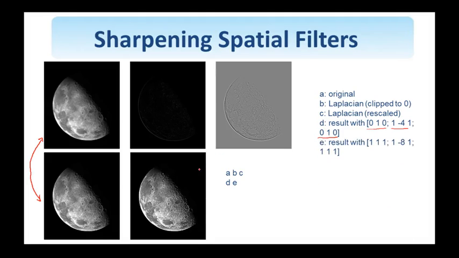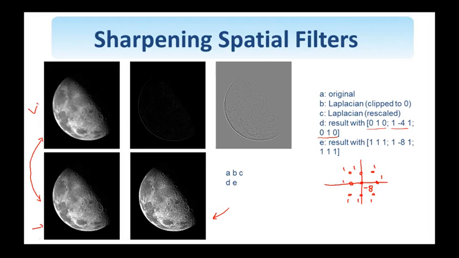If I compute the Laplacian a different way, shown here, where the impulse response now is minus 8 in the middle, and then 1 at all other locations in this 3x3 mask, then I obtain this result, which, by the way, is definitely sharper than the one I had with the first version of the Laplacian. So this is the basic idea of sharpening.